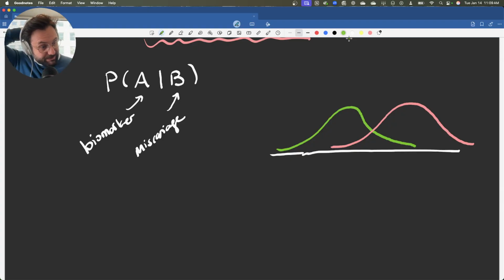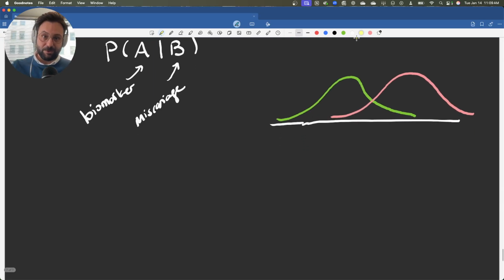Sometimes the doctors are supposed to give the probability given their measurement of the biomarker for the couple, for the woman. They want to learn about the probability of miscarriage, right?